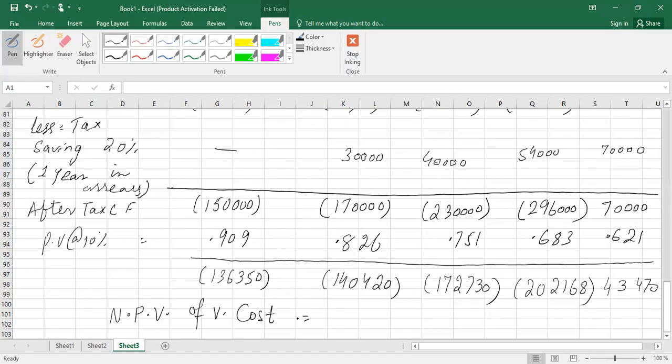We will add all these values except year 5. It is in cash flow.